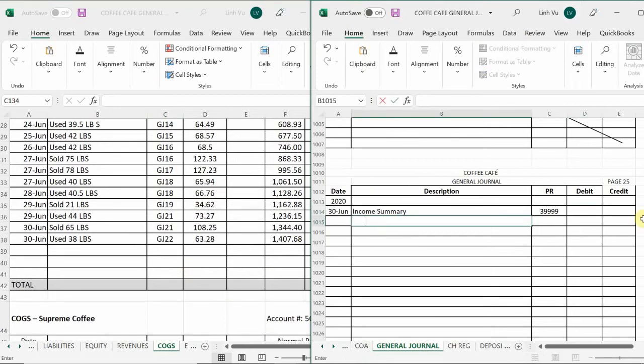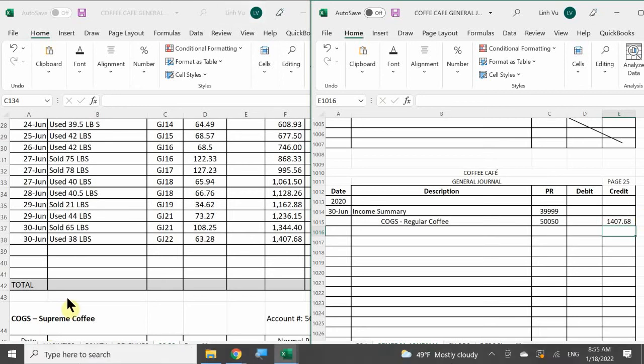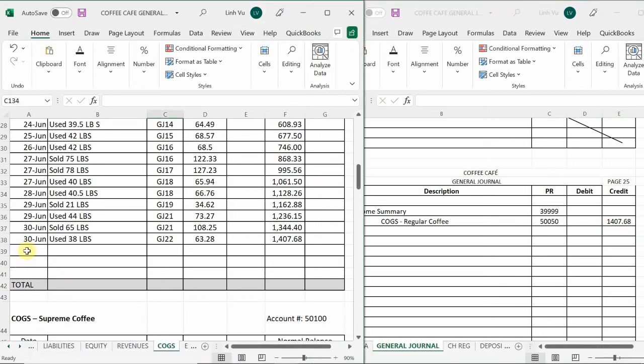COGS, regular coffee. And we're going to credit this account for 1407.68.